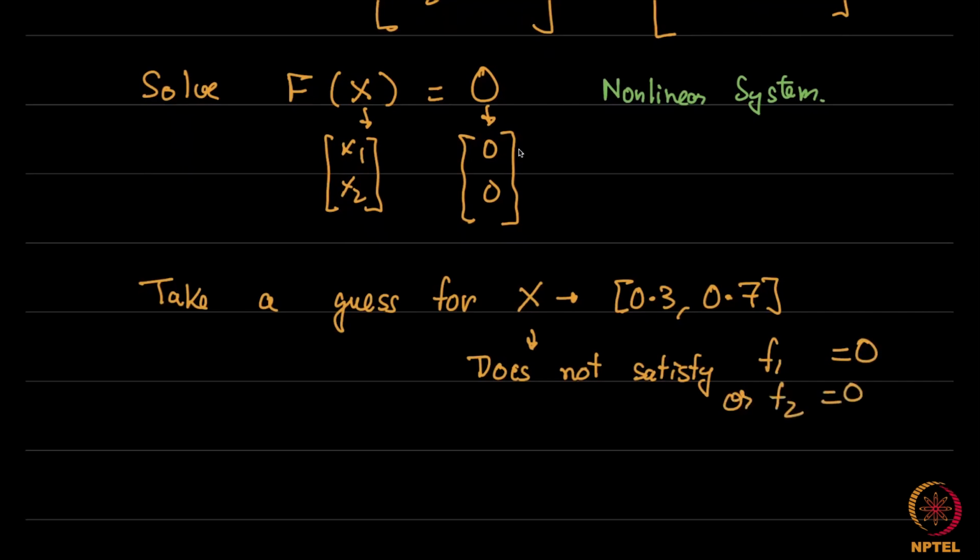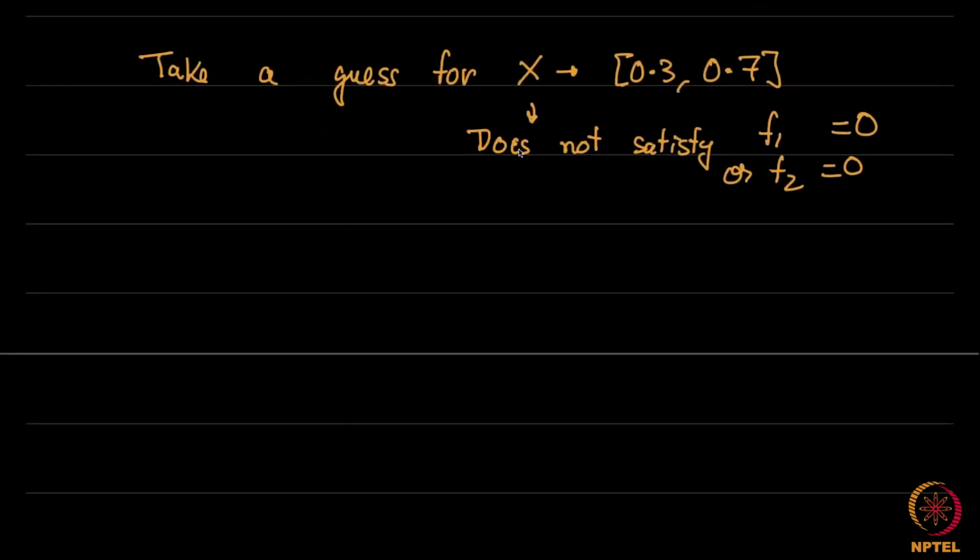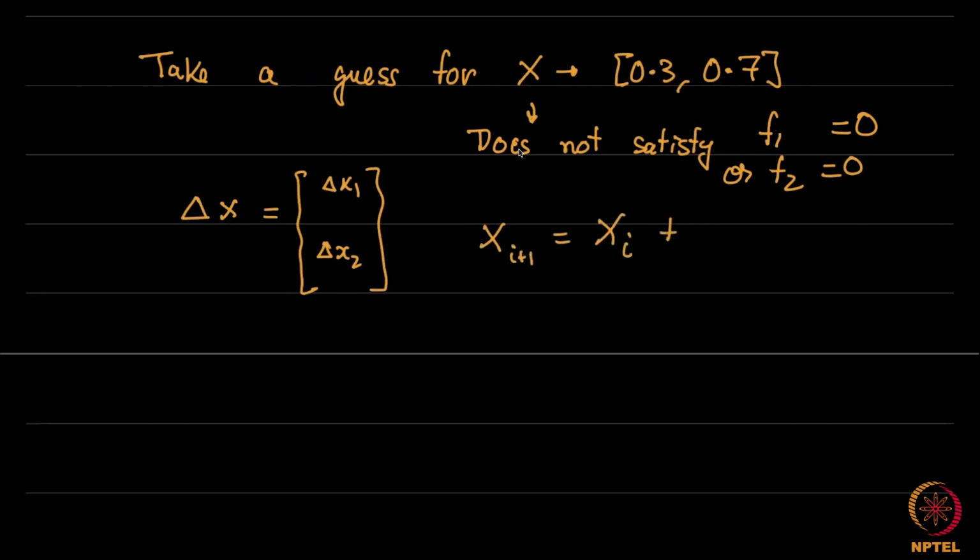You can plug this in and check very quickly that it does not satisfy either of these cases. So now what do we have to do? Once again, we will postulate that there is a delta X, which corresponds to some delta X1 and delta X2. And the new X is going to be the old X plus this delta X.